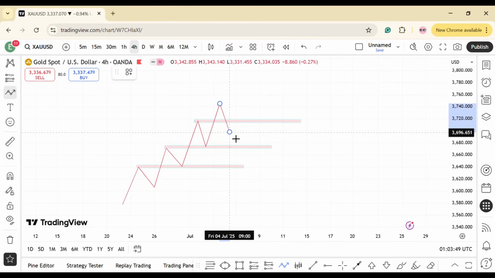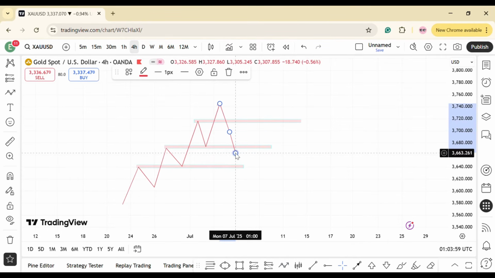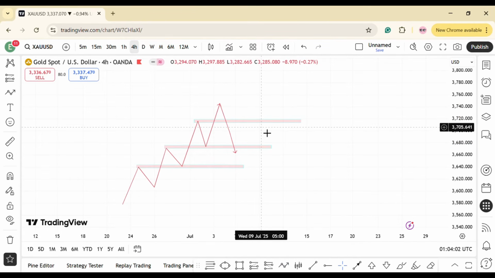So, to know a valid change of character, wait for the market to come and break its low, this low here. When the market breaks this low with a full body candle, something like this, that makes it a valid change of character. But should you start trading from here?